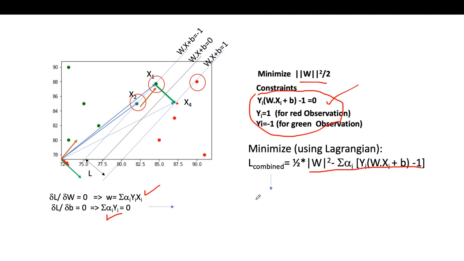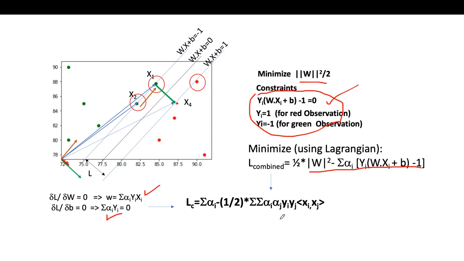Okay, and then if you replace these values in over here, you would get L combined as this, summation of alpha i minus half summation of alpha i alpha j yi yj xi xj. i and j are the indexes of the support vectors, in this case 1, 4 and 2.